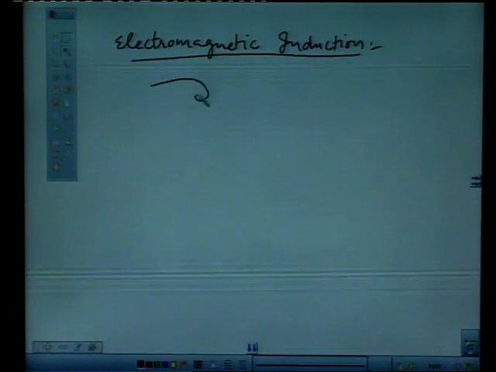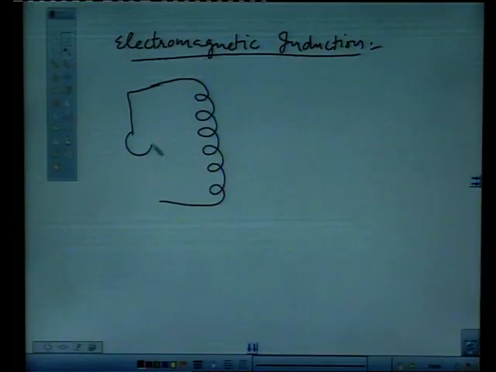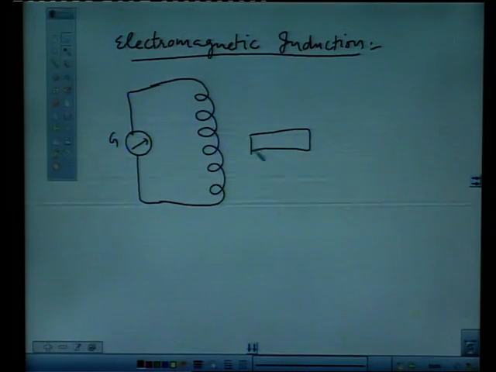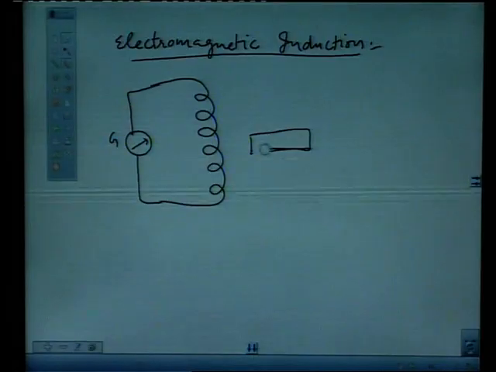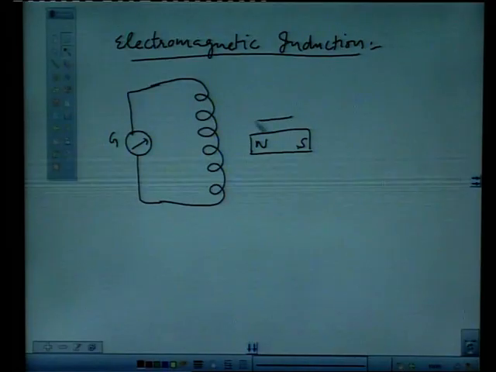Let us take a coil and it is connected to a galvanometer. This is a galvanometer, and we have a magnet having north and south poles. Suppose we are moving this magnet near to this coil.